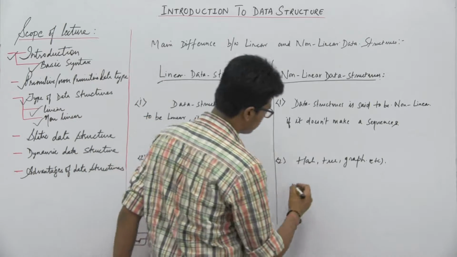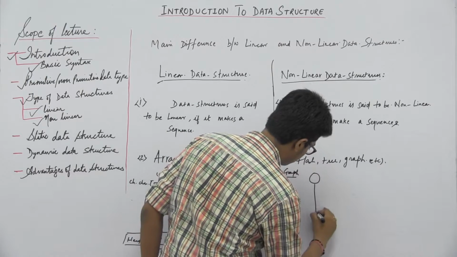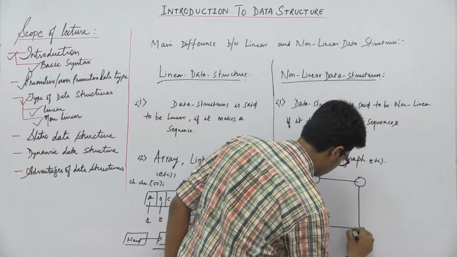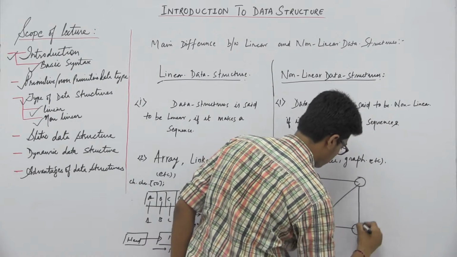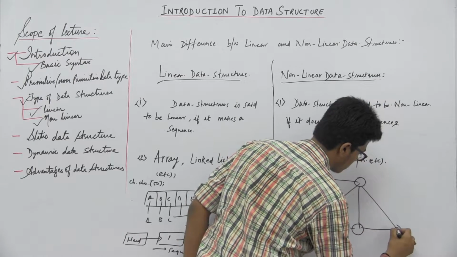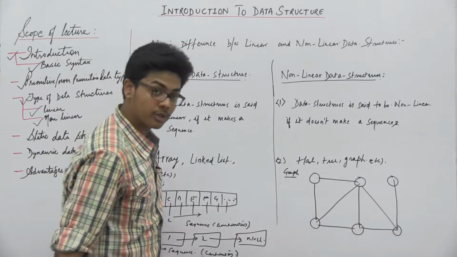Coming to graph, a graph is like this. This is an example of a graph.